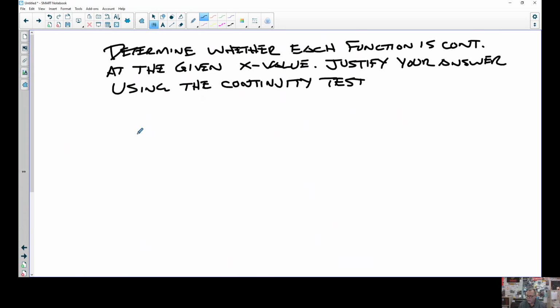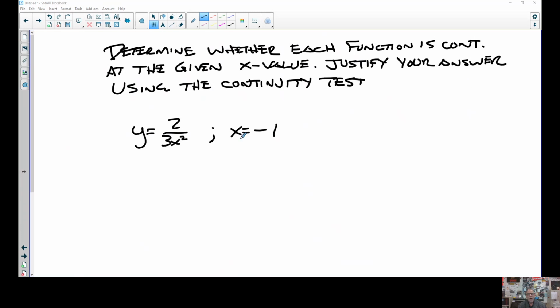All right, so it'll give you something like this. Y equals, we're just going to consider their f of x. Y equals 2 over 3x squared, and then it's going to say x equals -1. So is this continuous? What I would do just to get a feel for this, if they're asking you about something being continuous, I would go to my graphing calculator and turn it on, of course, first, and then go to y equals.